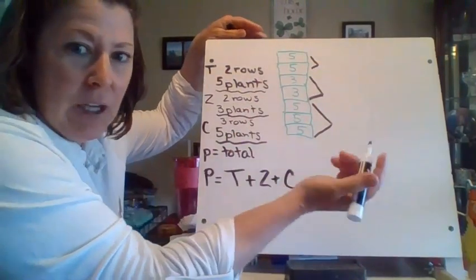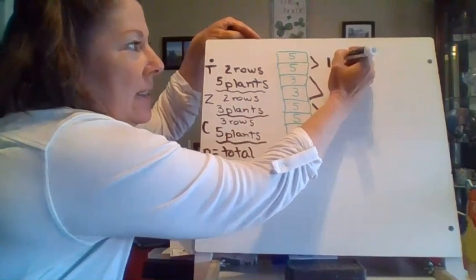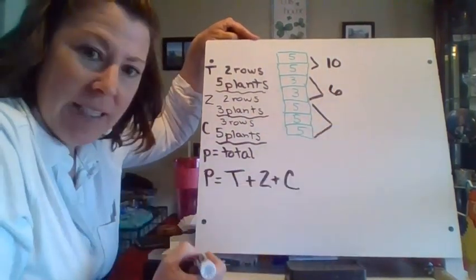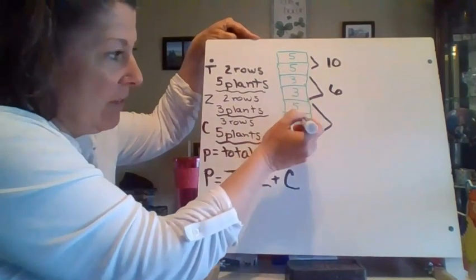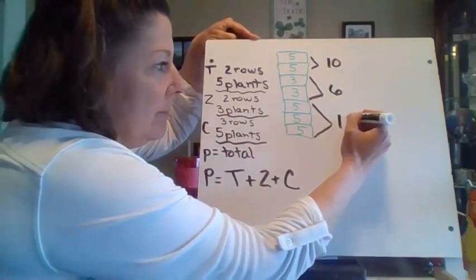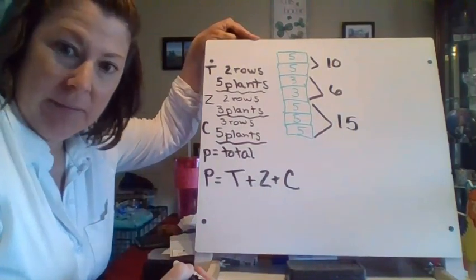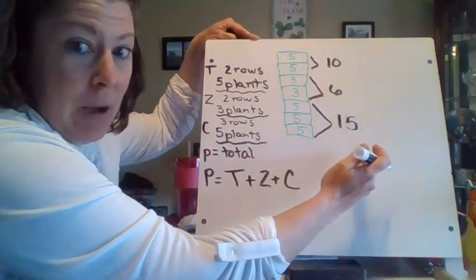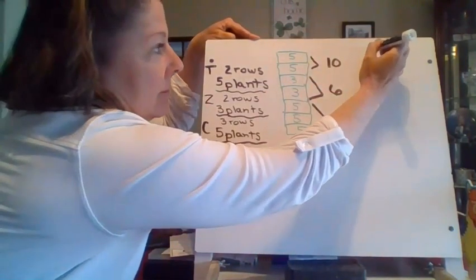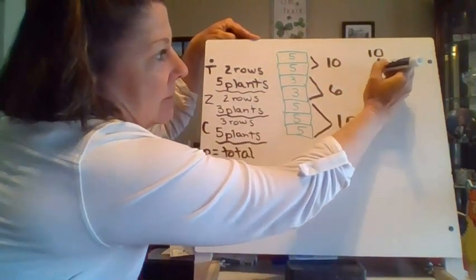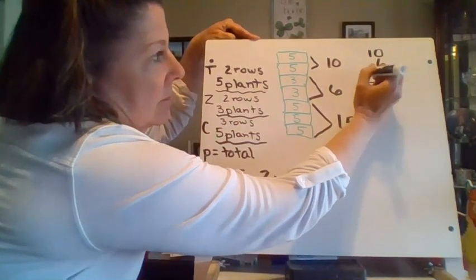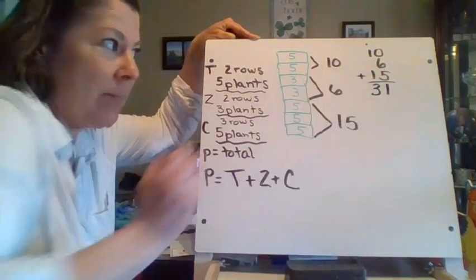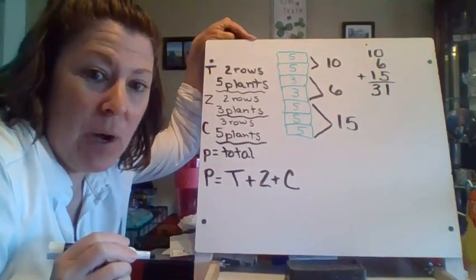I can do that easily over here. 5 and 5 is 10. 3 and 3 is 6. And then 5 and 5 and 5 is 15. And I know that I can then add up those numbers. And I get an answer of 31.